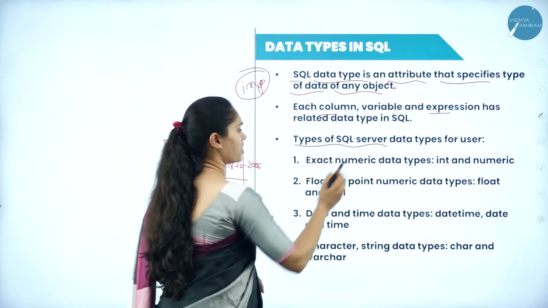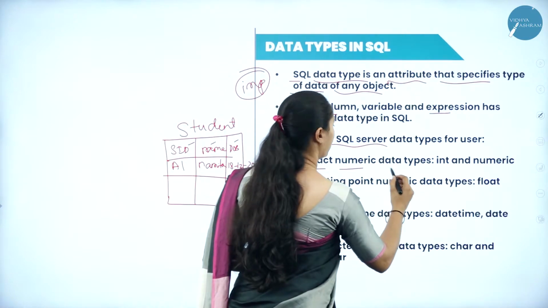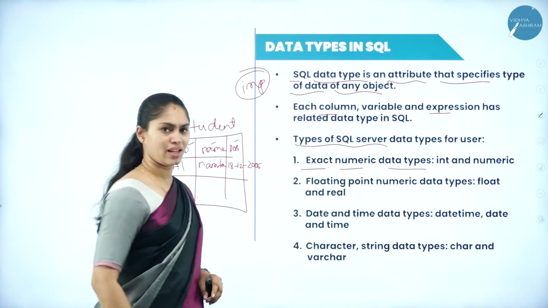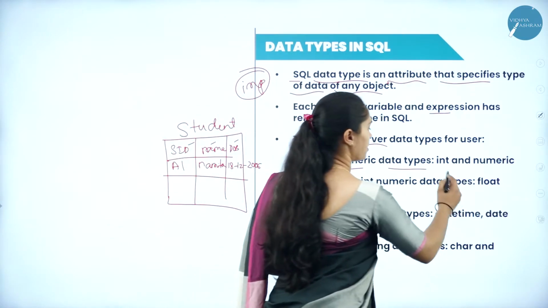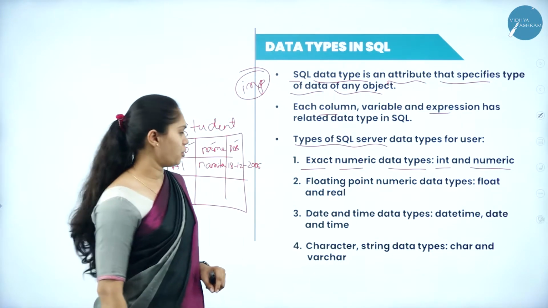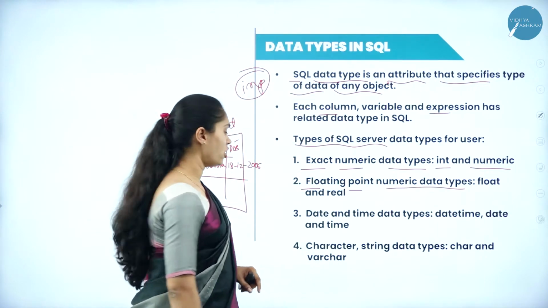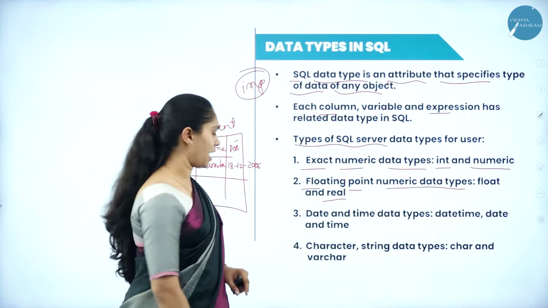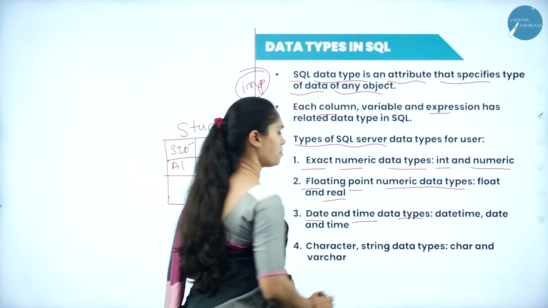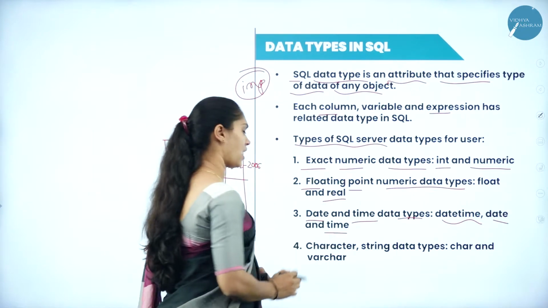So what does it include? The types of SQL Server data types for the user. Mainly it includes exact numeric data types. When it comes to numeric, it is related to whole numbers. So it includes int and numeric. For floating point numeric data types, it includes float and real. For date and time data types, we have a data type called datetime, and we have date and time.